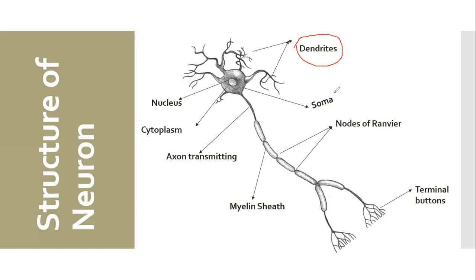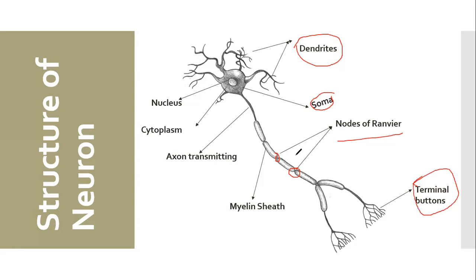The head-like structure is the soma. In the trunk, the gaps between the sheath are the nodes of Ranvier, and at the end again the branches are there. These branches are terminal buttons.